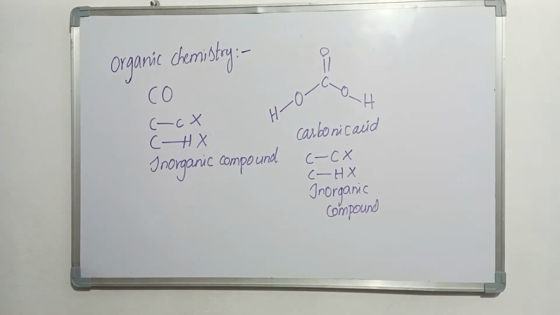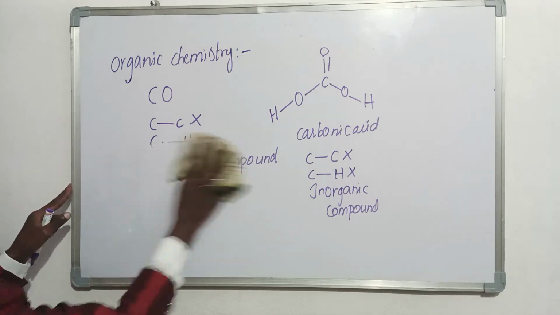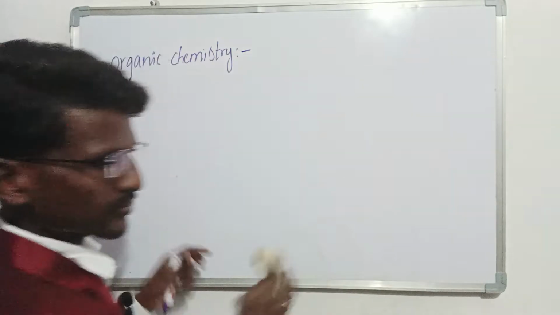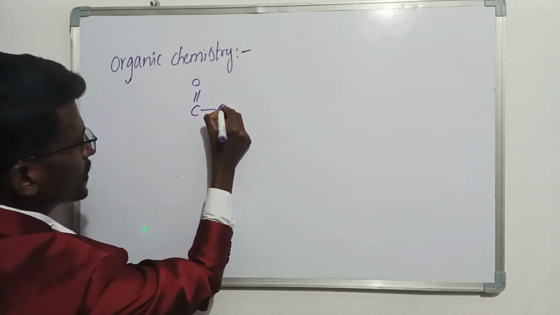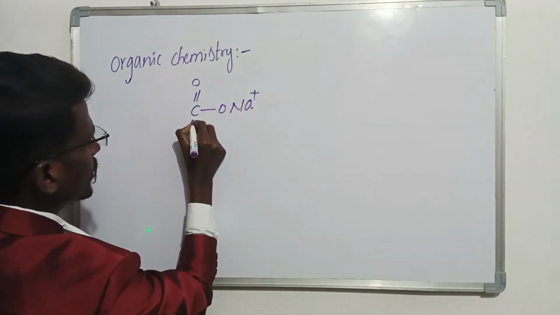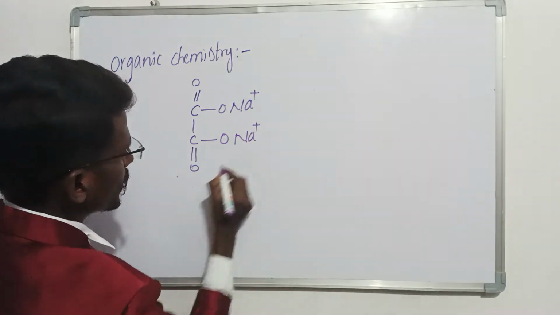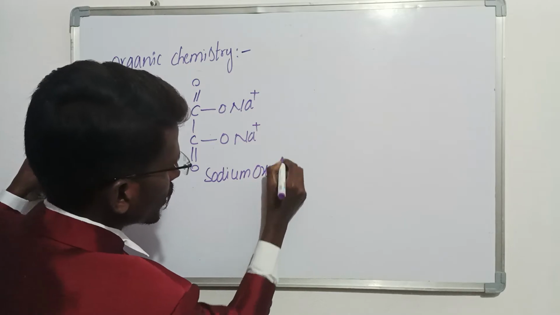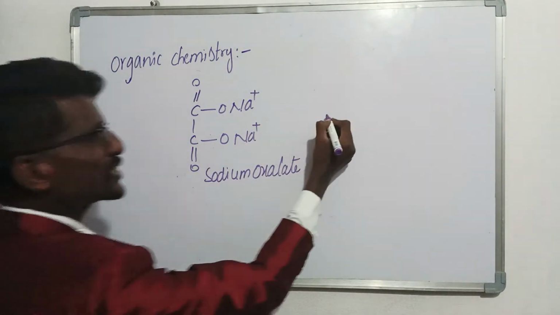For example, we'll see sodium oxalate, the sodium salt of oxalic acid. See, double bond O and O-Na. Sodium oxalate does not contain a CH bond.